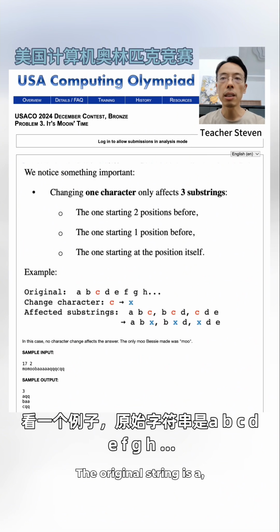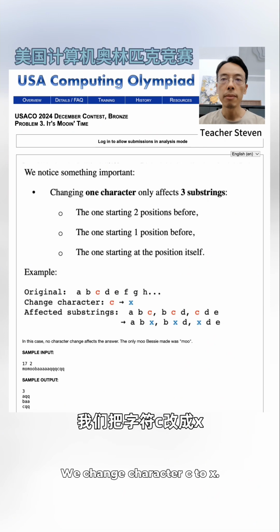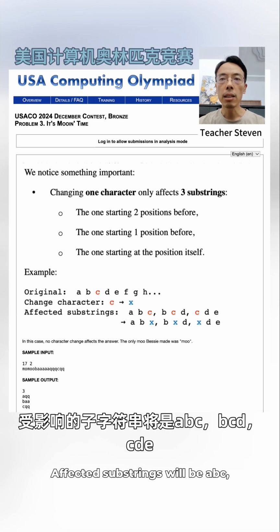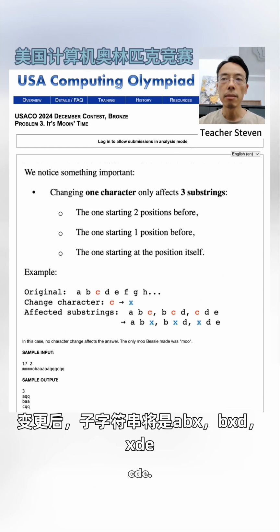The original string is A, B, C, D, E, F, G, H. We change character C to X. Affected substrings will be ABC, BCD, CDE. After the change, they will be ABX, BXD, XDE.